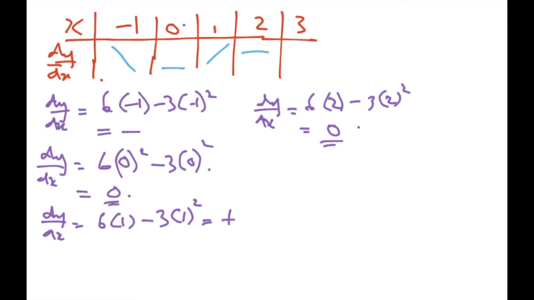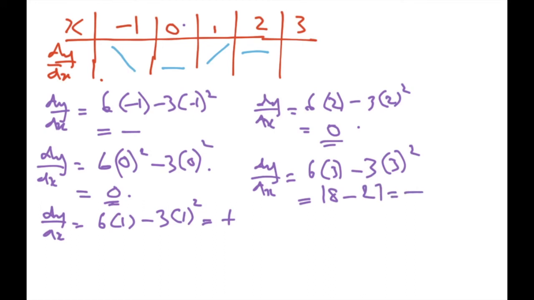The graph gradient is 0, it's just a flat line. And finally, dy/dx at x equals 3: 6 times 3 minus 3(3) squared, which is 18 minus 27, and it is negative. So if it's negative, it is going downwards. It is a decreasing graph.